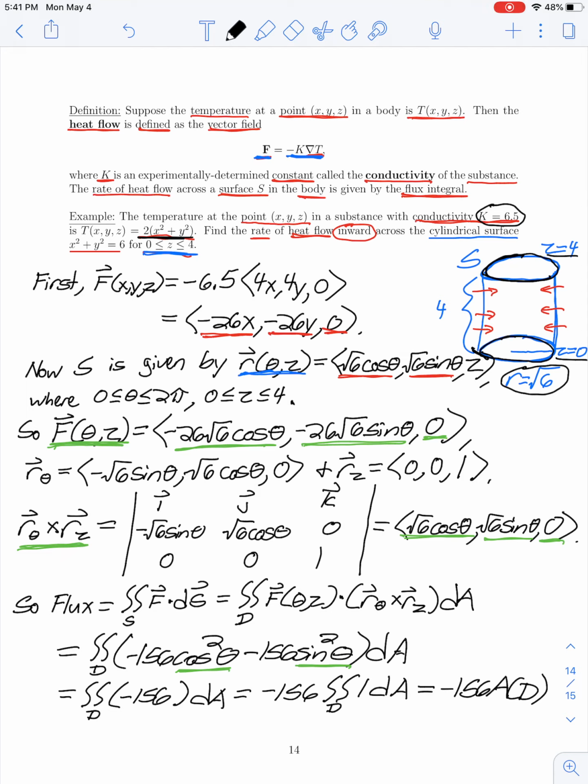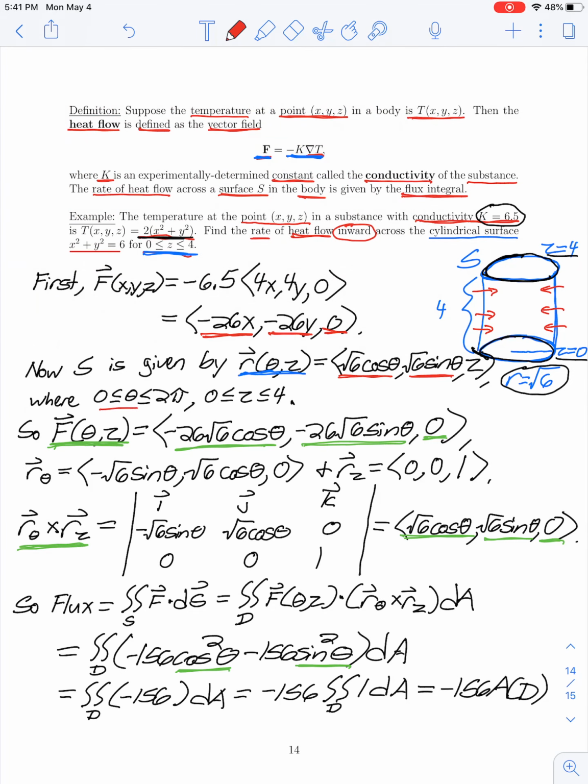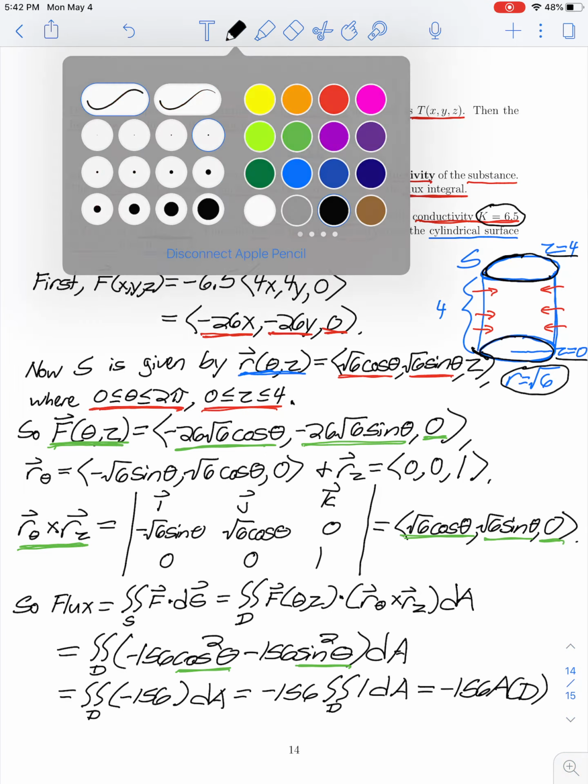So here we were talking about the rectangular region where theta ranges from 0 to 2 pi and z ranges from 0 to 4. So the area of that rectangular region would be 2 pi times 4, or 8 pi.